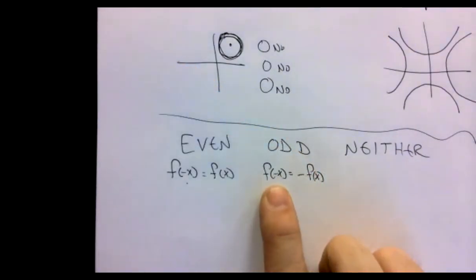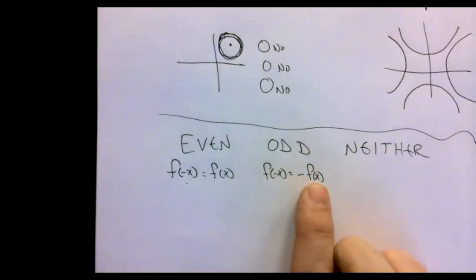If we plug in a negative x and we end up with a completely negative or the completely opposite function, that is an example of an odd function. Anything else would classify as neither of those.